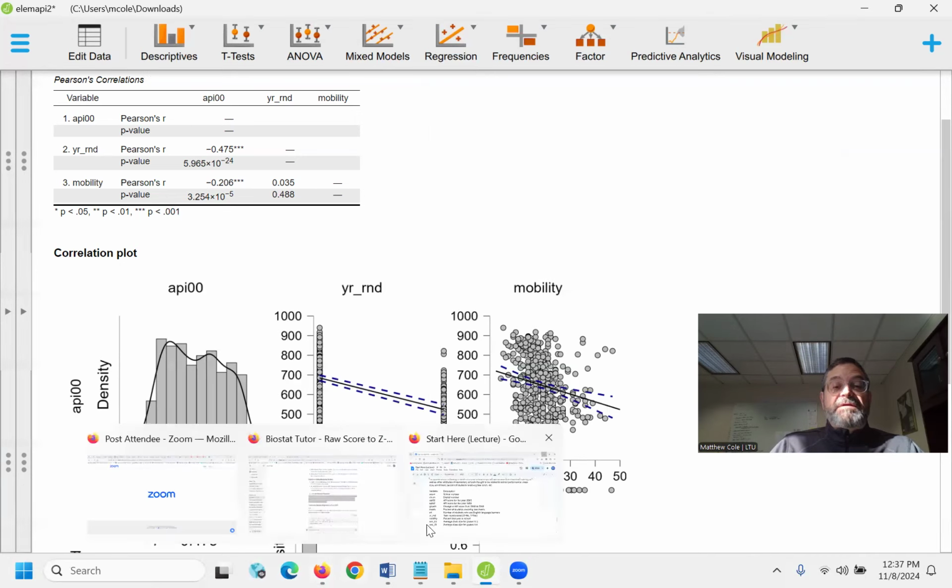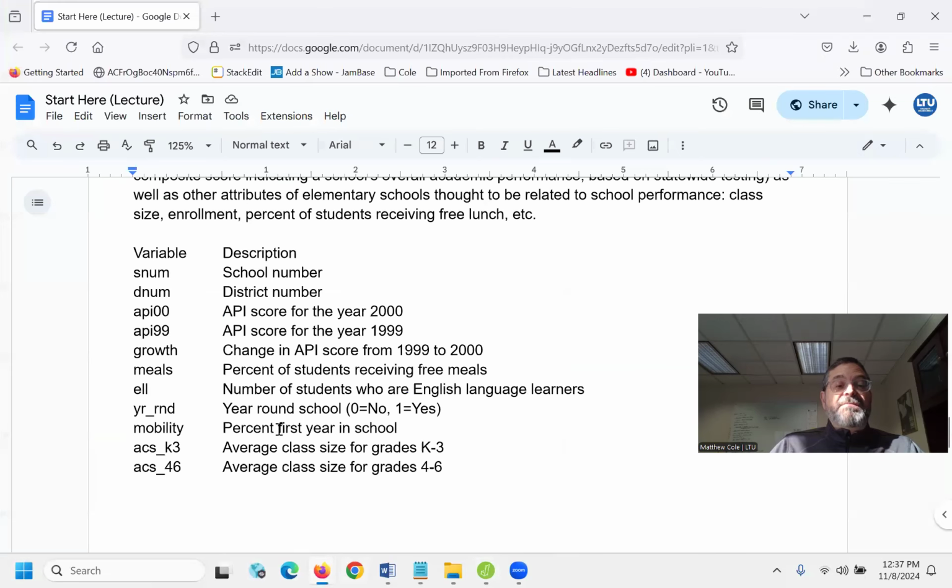And then the correlation between the outcome variable, academic performance, and mobility is also negative. And let's remind ourselves what mobility means. Mobility means percent of first year in school. So mobility is the percentage of students who are new students.